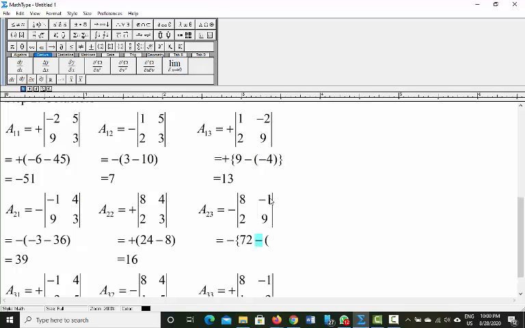Before we multiply the left diagonal elements, we need to put a minus. Now this minus 1 multiplied by this 2, we will get minus 2. You can write it directly also if you are an expert. So minus a minus is a plus, you can write plus directly also here.